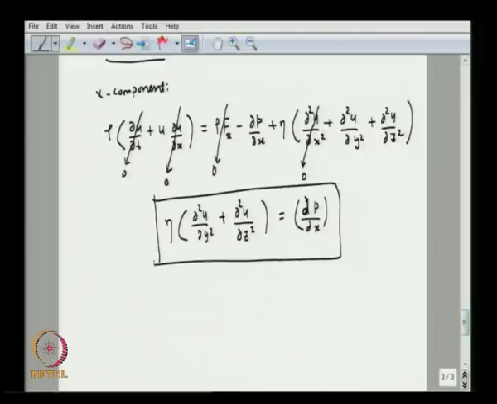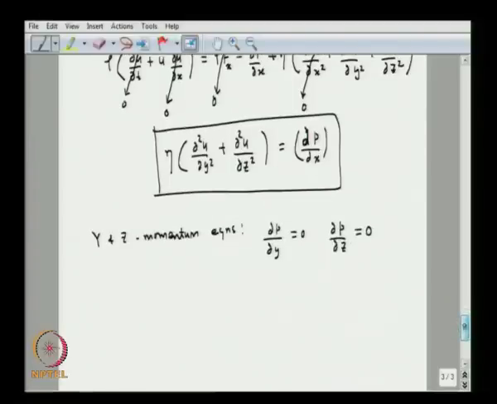Now, the y and z momentum equations, we would get del p over del y will be 0 and del p over del z will be 0, because the other velocity components u y and u z are 0, right.